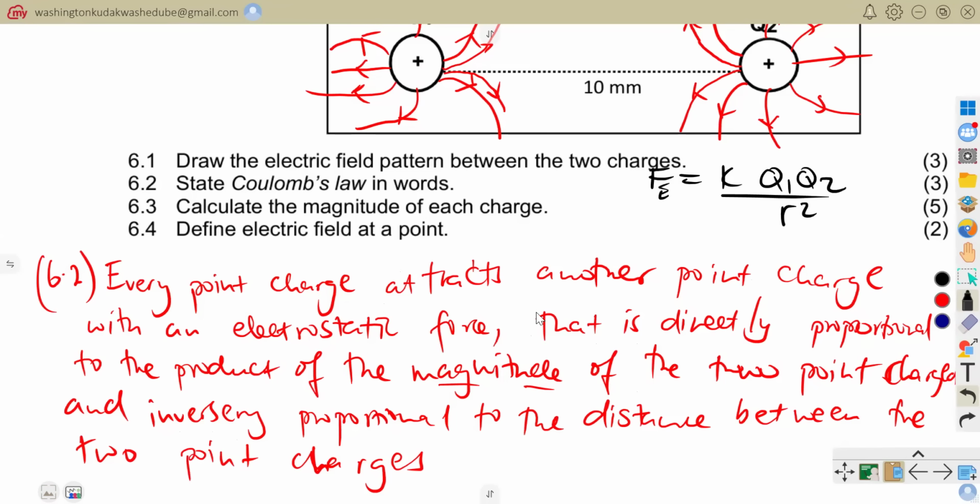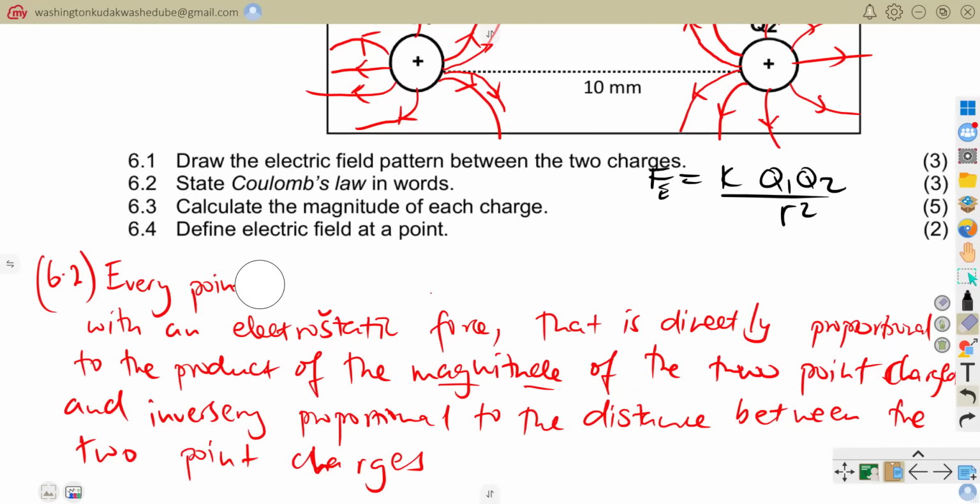If I say attract, there are some which repel. So maybe we can say that the electrostatic force acting on a point charge due to another point charge.